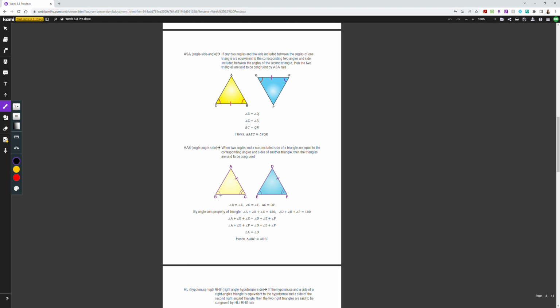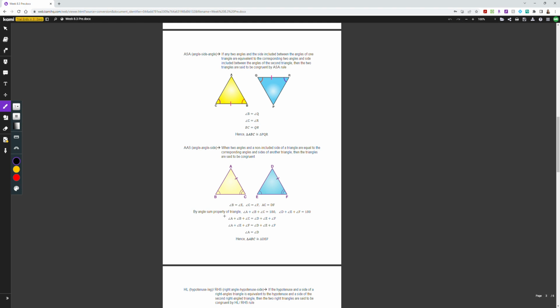When two angles and a non-included side of a triangle are equal to the corresponding angles and side of the other triangle, the triangles are congruent by AAS. Angle B is congruent to angle E, angle C is congruent to angle F, and AC is congruent to DF.